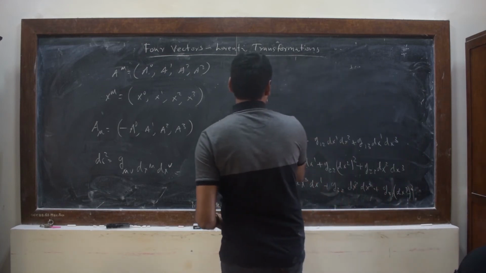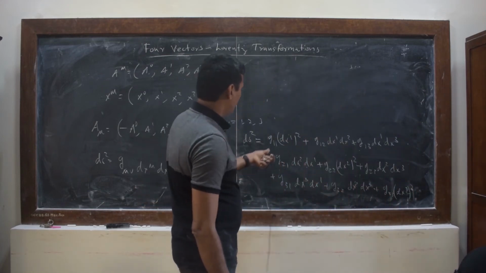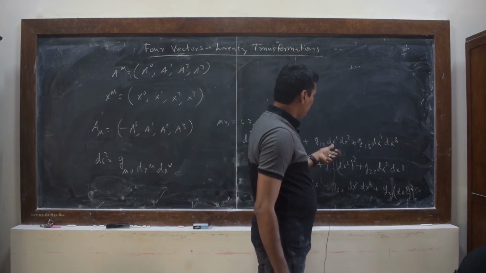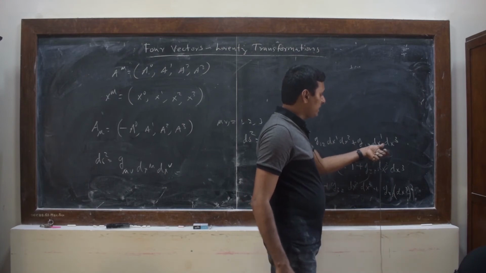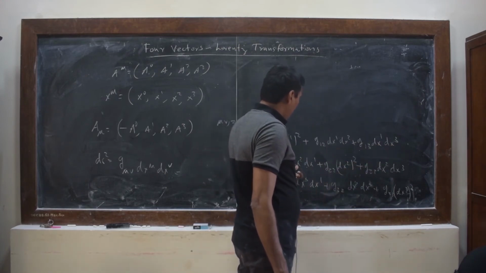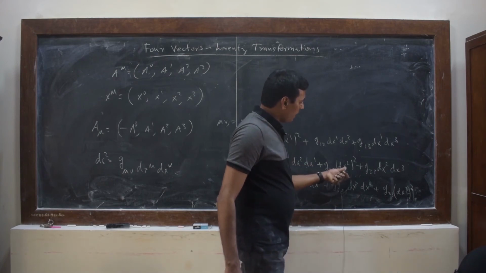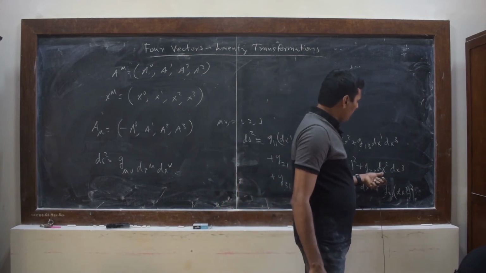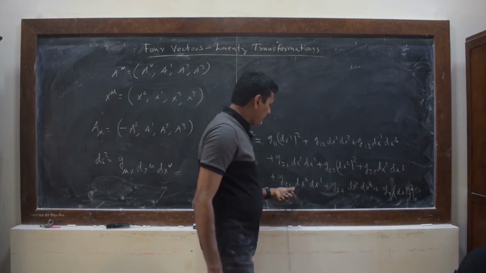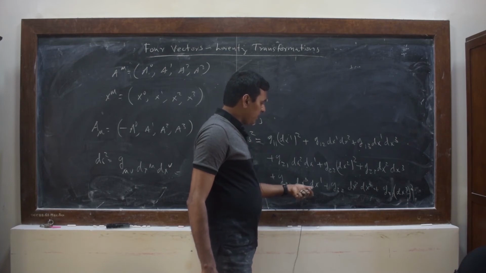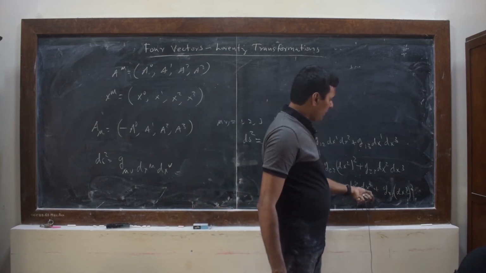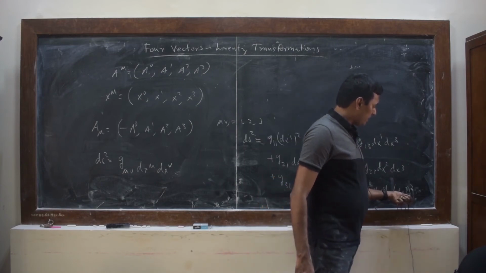You know that dx1 is nothing but dx. So, G11 dx² plus G12 dx dy plus G13 dx dz, and G21 dy dx plus G22 dy² plus G23 dy dz, and G31 dz dx plus G32 dy dz, and then G33 dz².